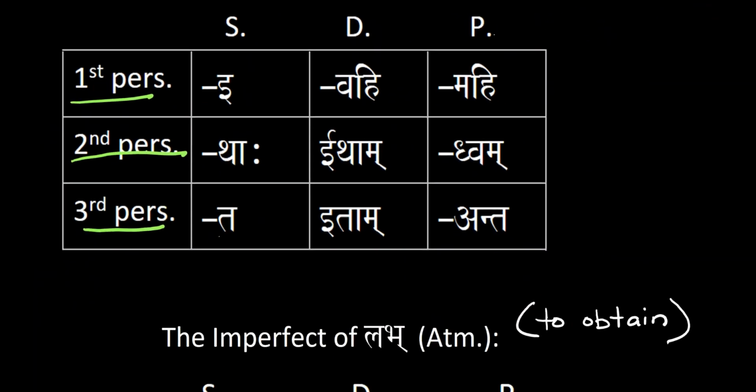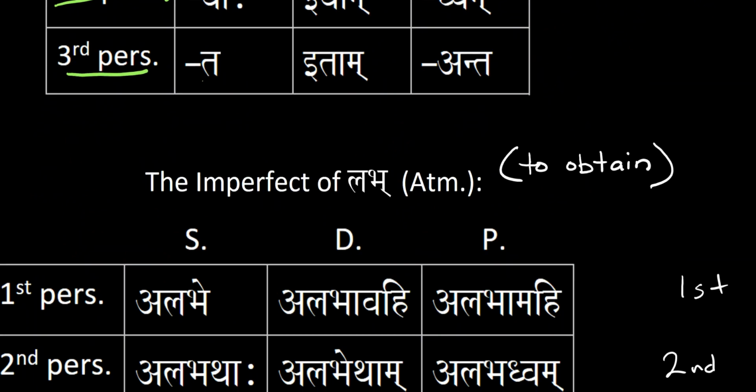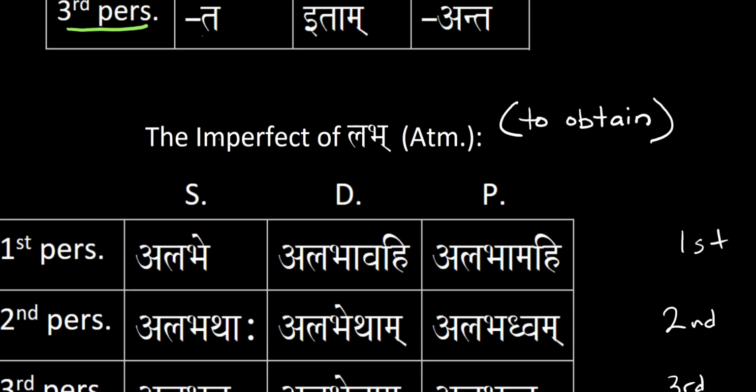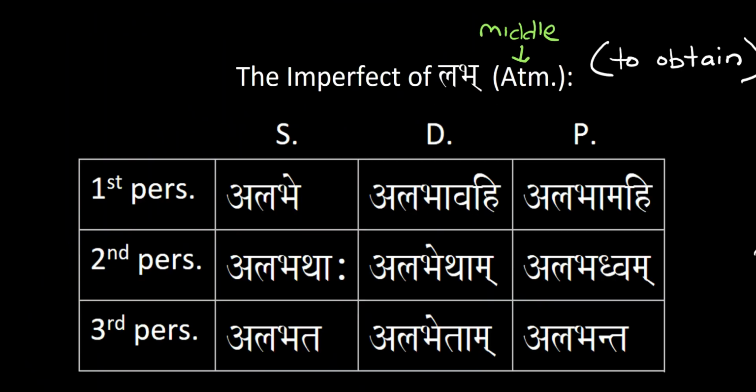And the example that we're going to go into today is for the middle voice. Atmanepada means the middle voice. It is labh, to obtain.